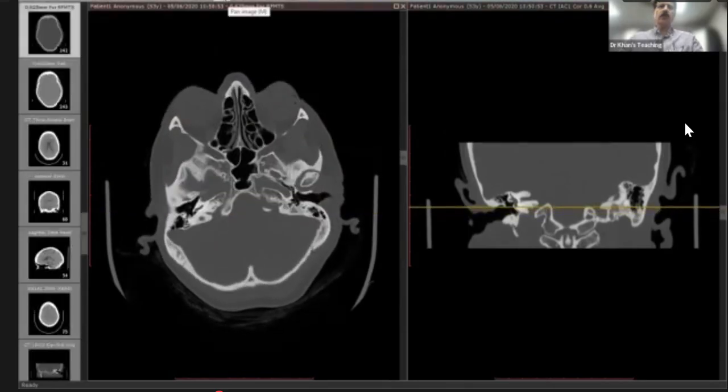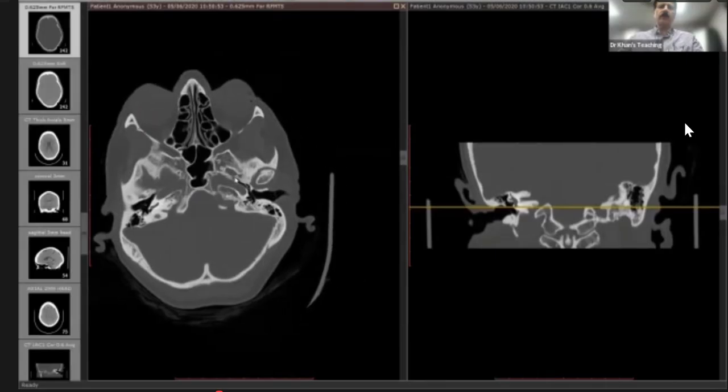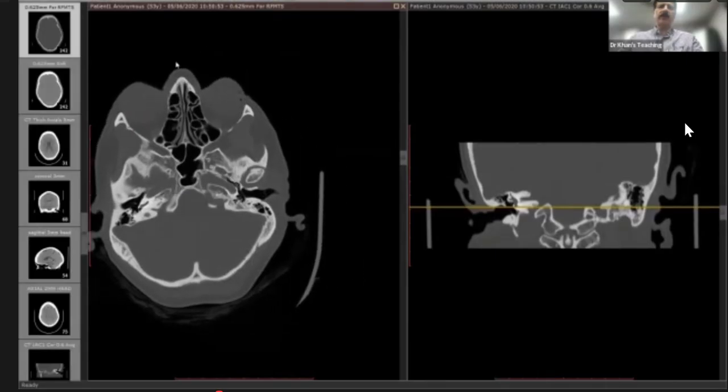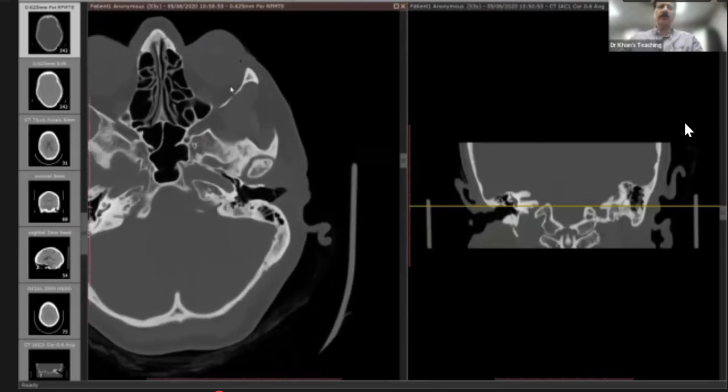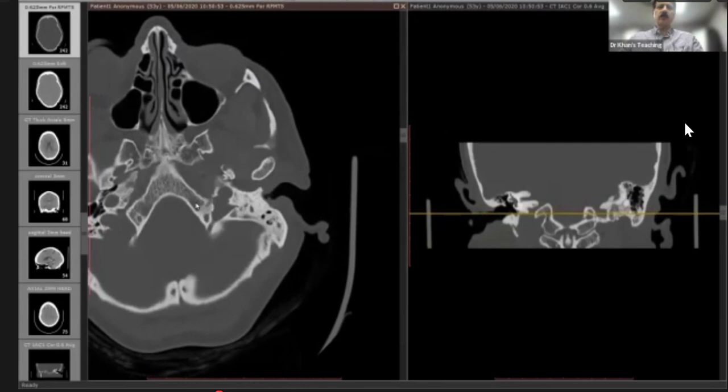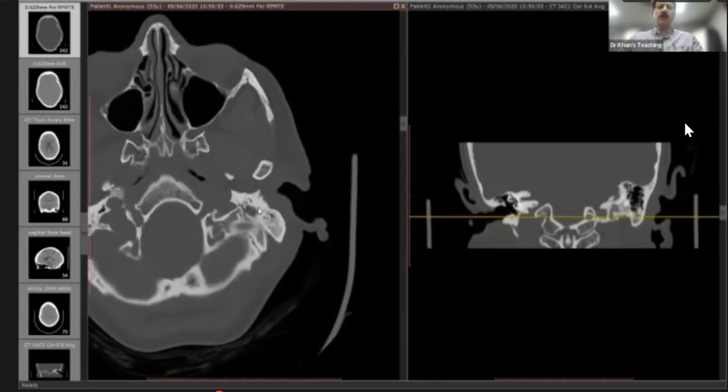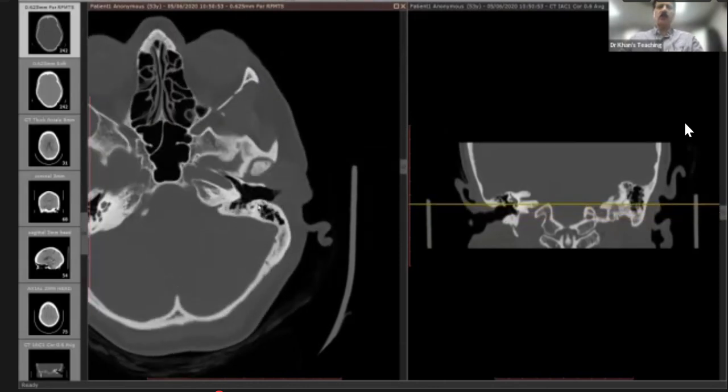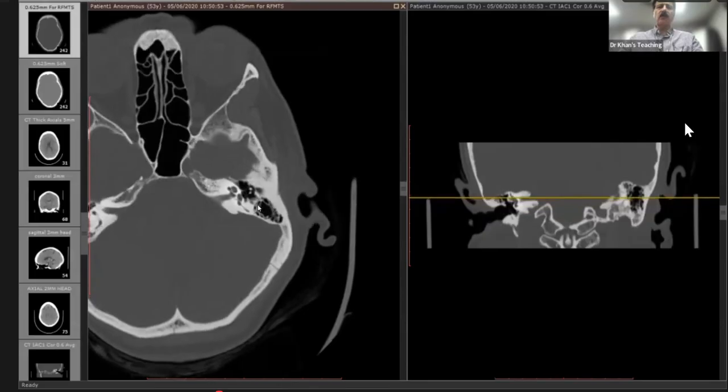So now what we are going to do, we will slightly make it larger and just concentrate on the left side. So if you see here, when you are seeing the temporal bone, my landmark was the cochlea.